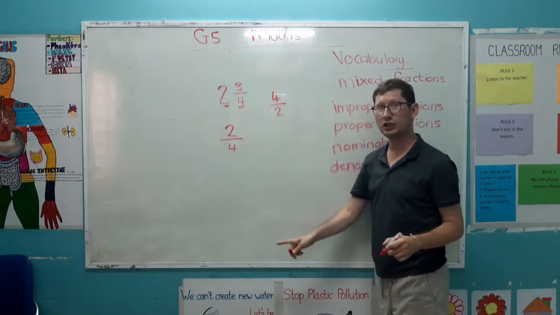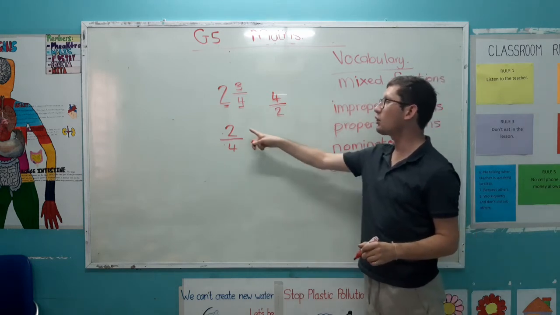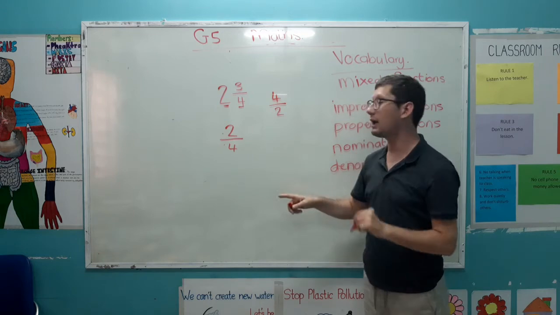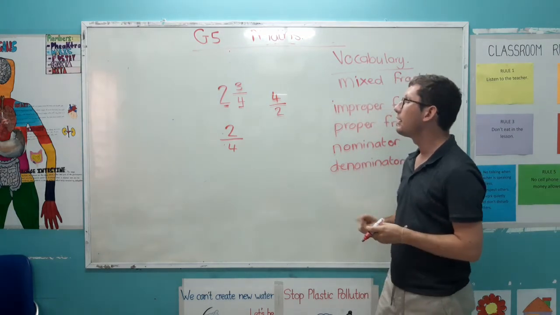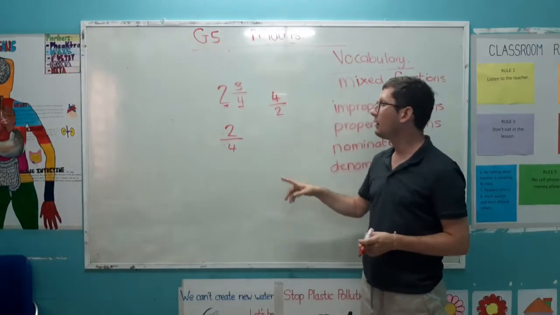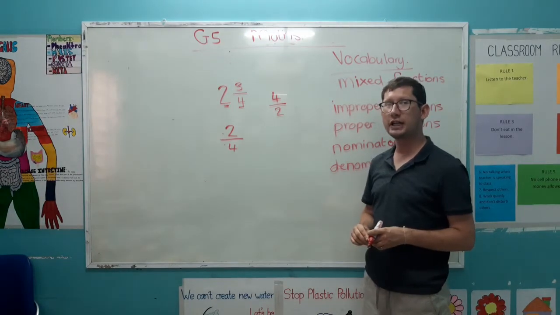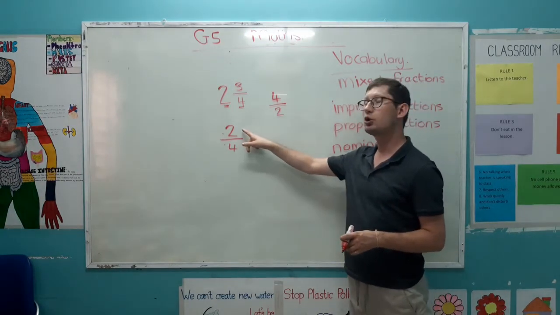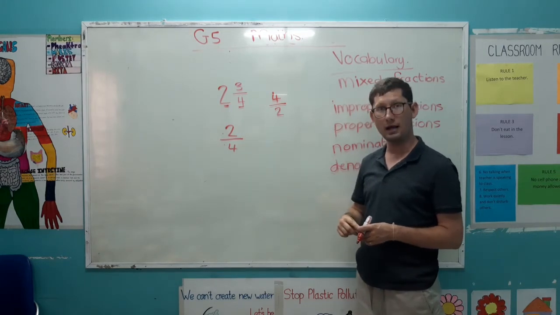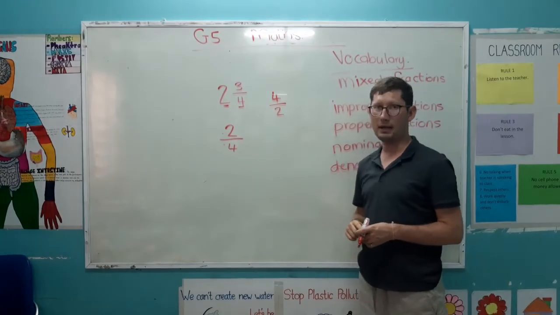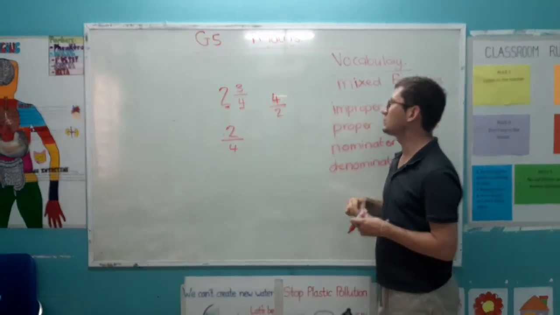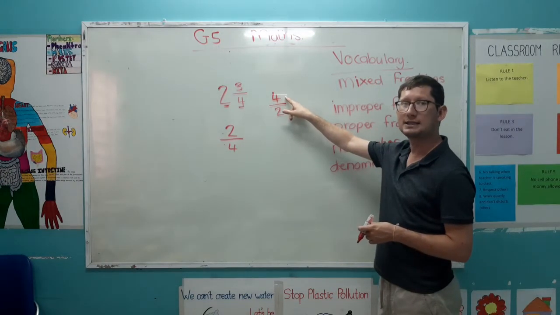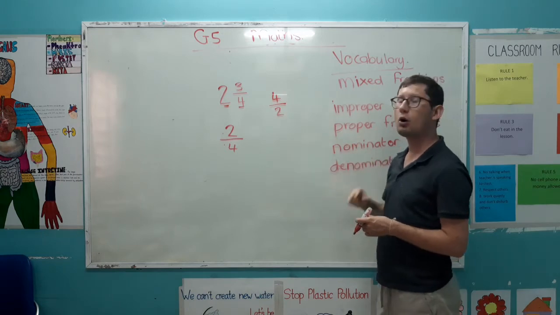A proper fraction is when the numerator is smaller than the denominator. Sorry, I think I made a mistake there. Just recap again. A proper fraction is when the numerator is smaller than the denominator, and an improper fraction is when the numerator is bigger than the denominator.